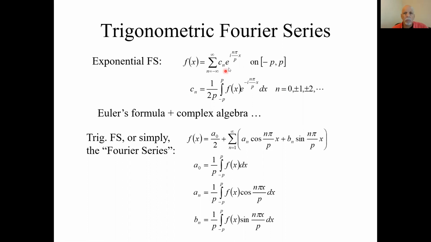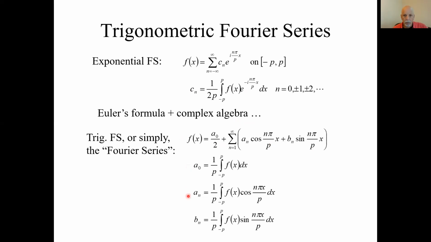Using Euler's formula, you can express this e to the i stuff in terms of cosines and sines. I can convert e to the i stuff to cosines and sines, then do some algebra to it, and from the exponential Fourier series come up with this other Fourier series, which is really the same Fourier series, but with different terms, cosines and sines.